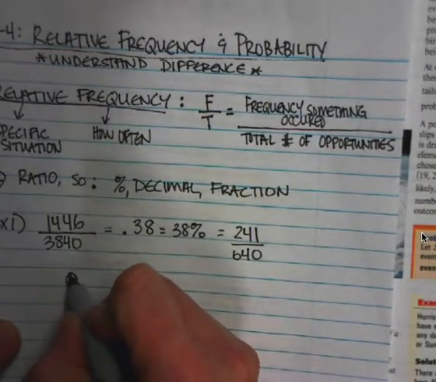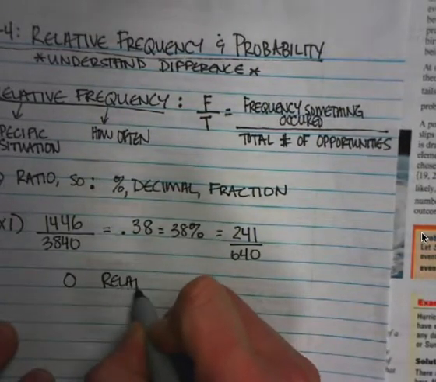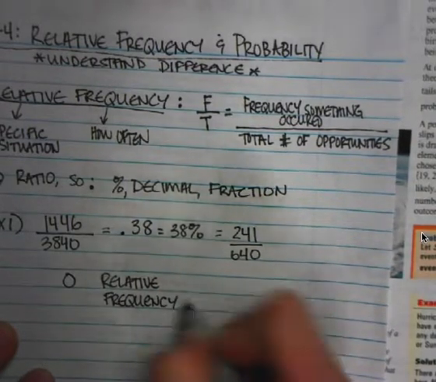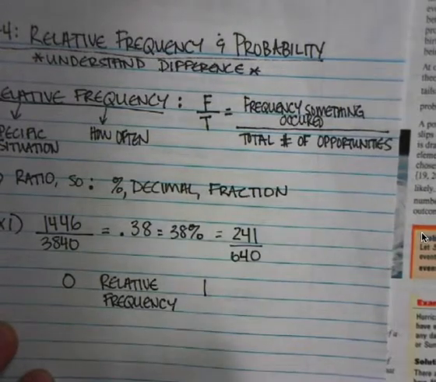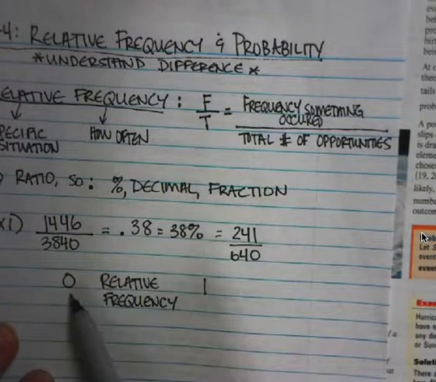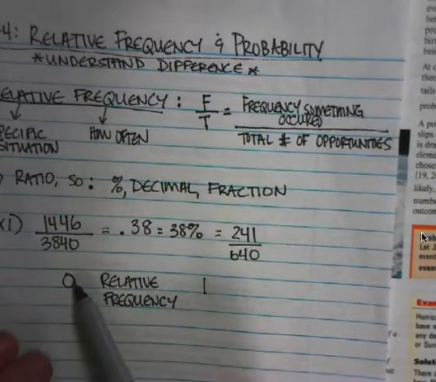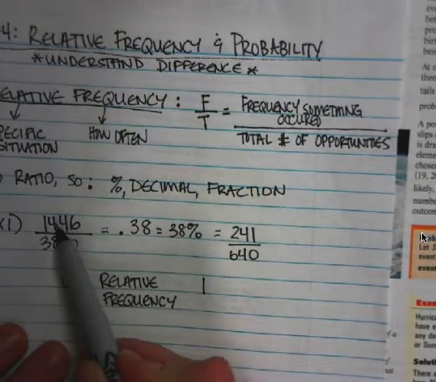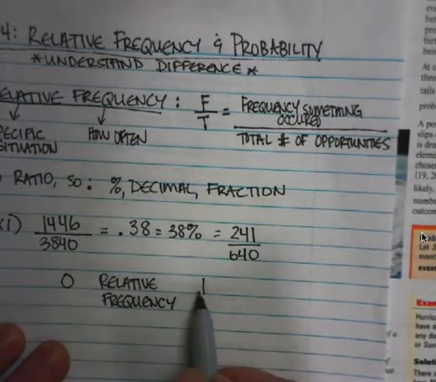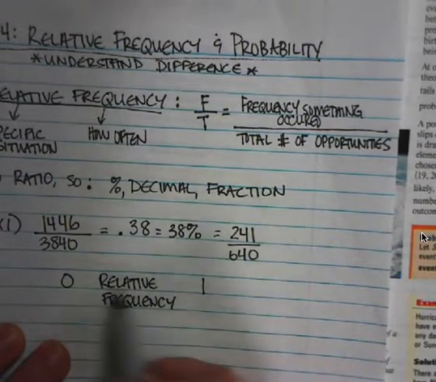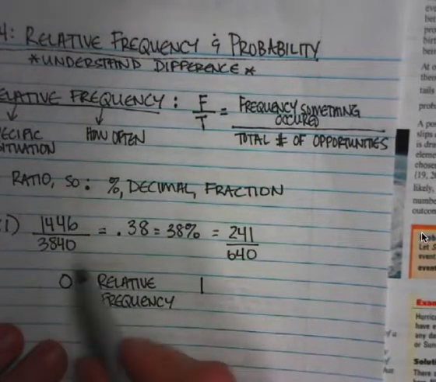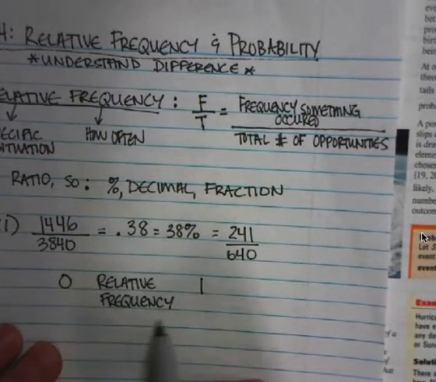It's going to be between 0 and 1. 0 being, if I had 0 as my numerator here, it would be 0 divided by this number, which would give me 0, or 0% of them had rabies, versus if 3,840 of them, so all of them, this would be 100%. So this is talking about the decimal version, between 0 and 1, or 0, 100%, in terms of those two values in any relative frequency.